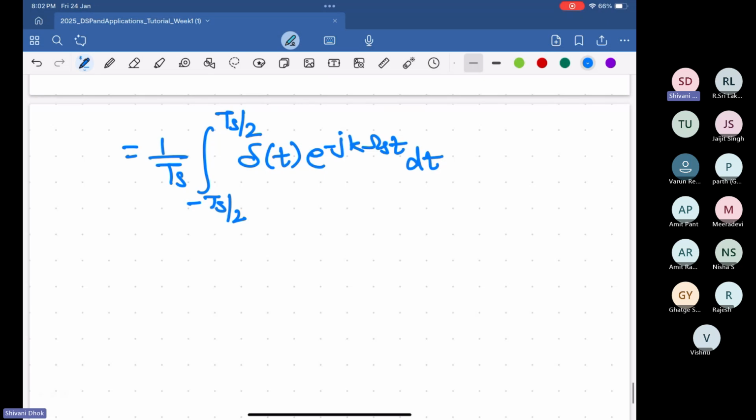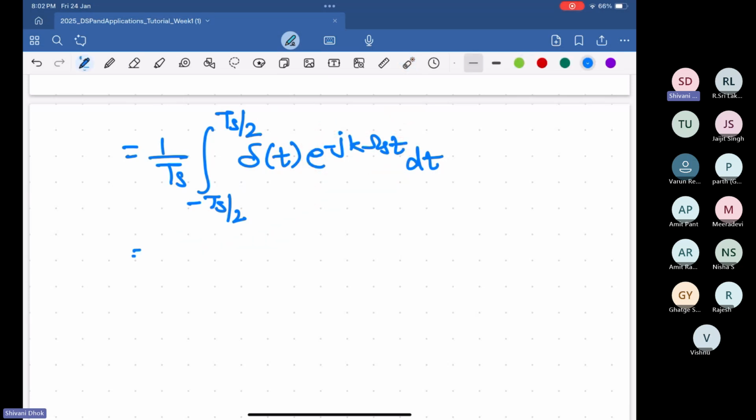This is a unit impulse, so we know the shifting property of the unit impulse. The term that gets multiplied will take up the value at the point where the impulse is present. This unit impulse is present at t equal to 0. So we substitute t equal to 0 in this particular term and take it outside.